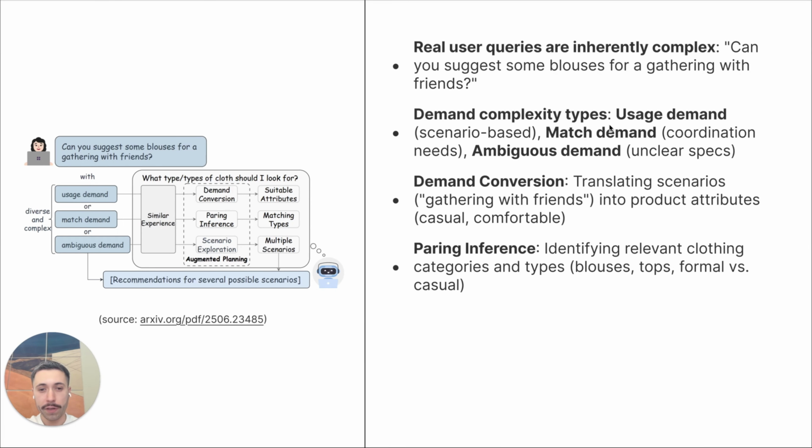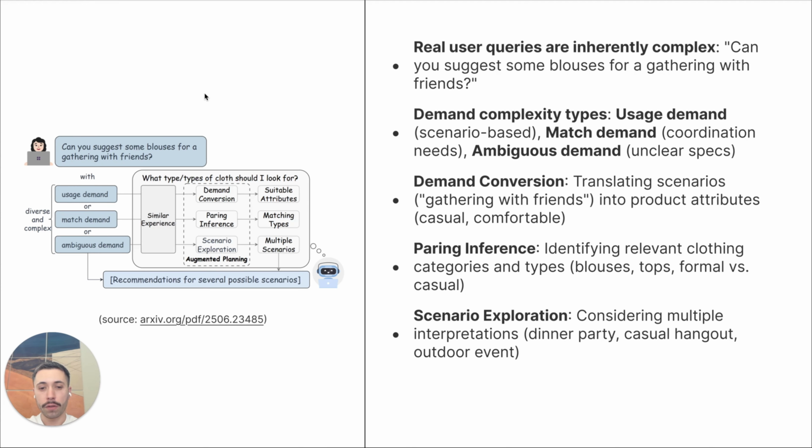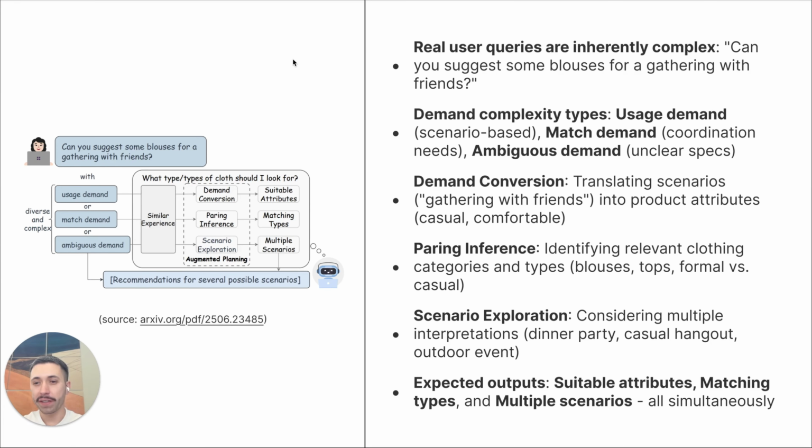Then based on this, we can already infer pairing and identify relevant clothing categories and types, such as blouses, tops, or formal versus casual, etc. And also consider multiple scenarios, because a gathering with friends can be anything from a dinner party to an outdoor event. So you see how complex it gets. A simple question about blouses for a gathering with friends at the end implies different product attributes, different matching types, and multiple scenarios, and all simultaneously.